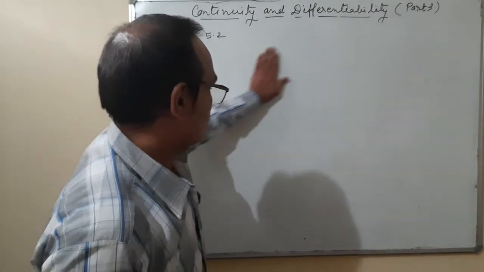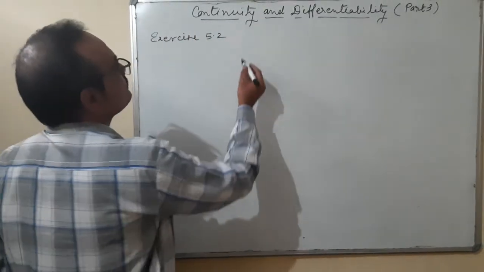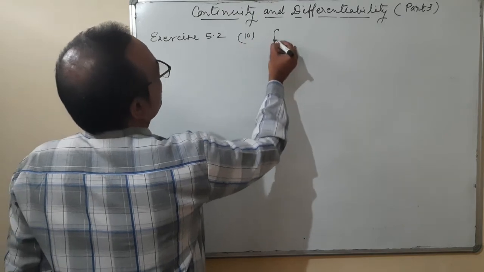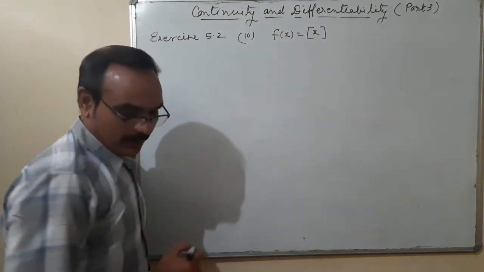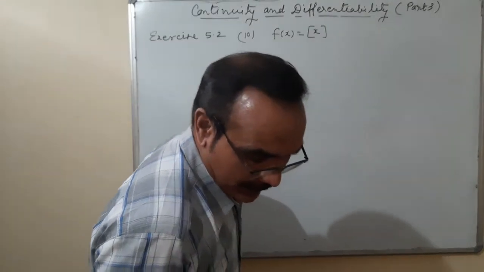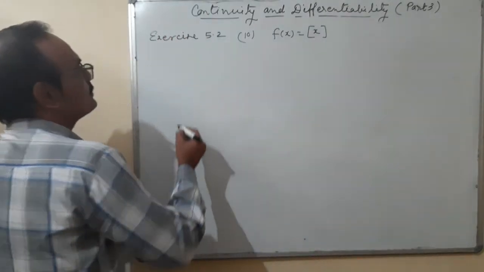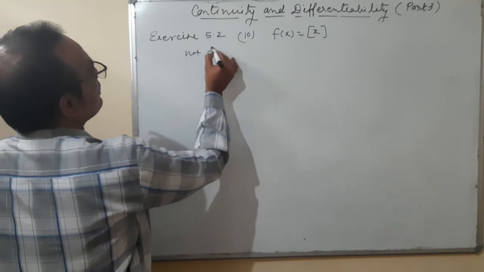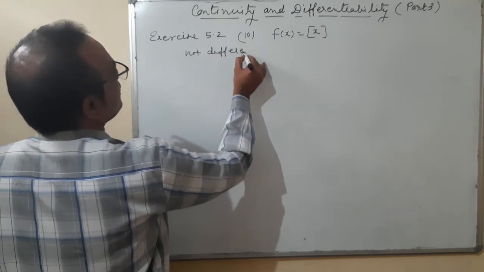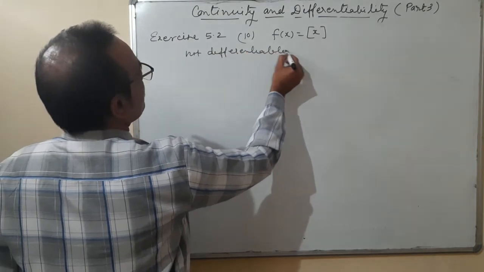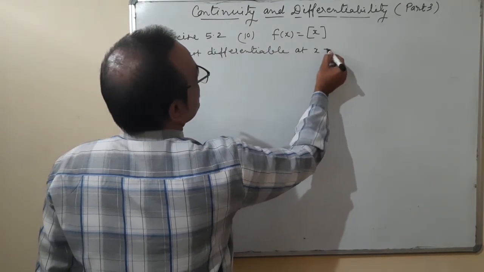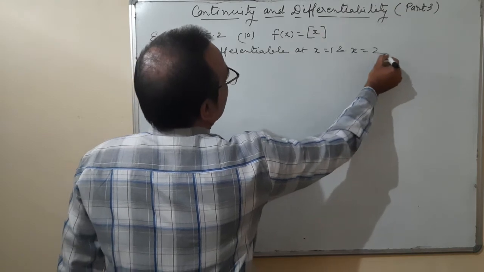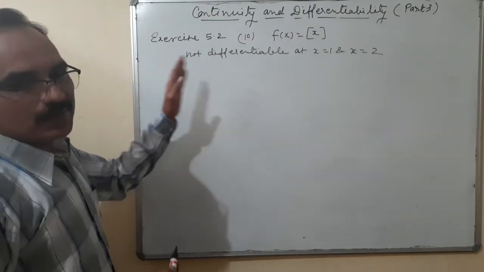Okay. 10th question, f of x is equal to greatest integer function x. And we are going to check it's not differentiable at x is equal to 1 and x is equal to 2. Okay. So in one of them I am just proving it.